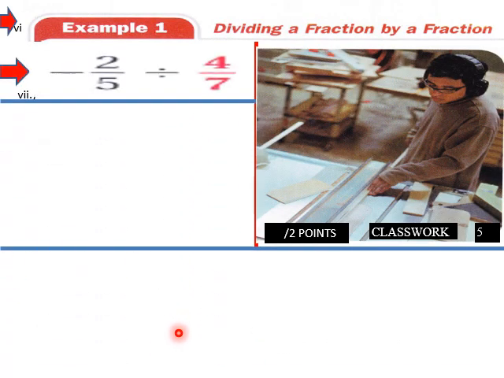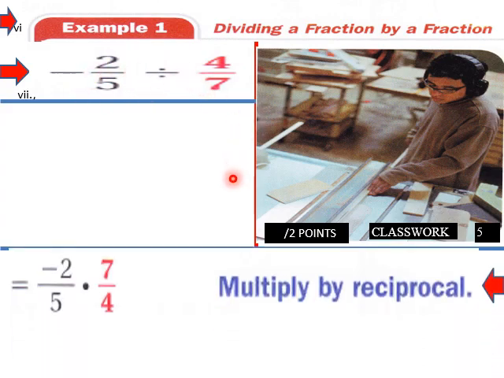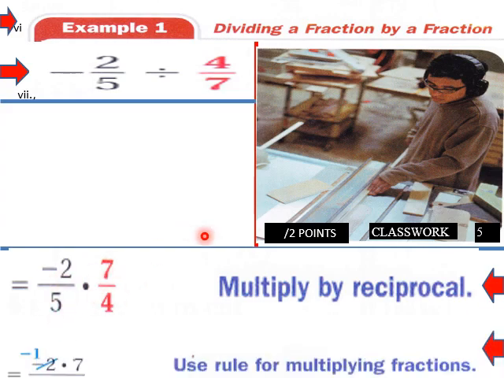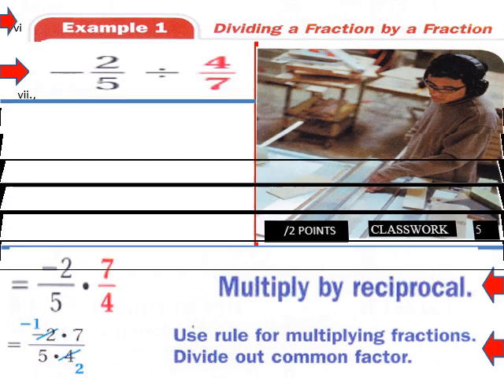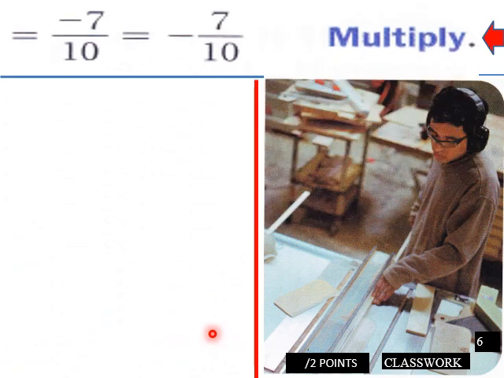We go into our first example, dividing a fraction by a fraction. We have negative 2 over 5 divided by 4 over 7. What do we do? We invert and multiply. So negative 2 over 5 times 7 over 4, and then we do our canceling. That equals negative 7 over 10.